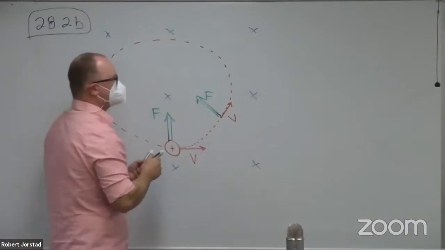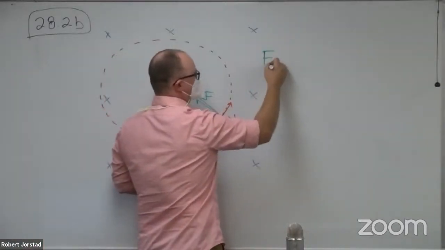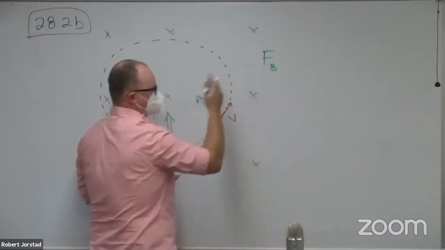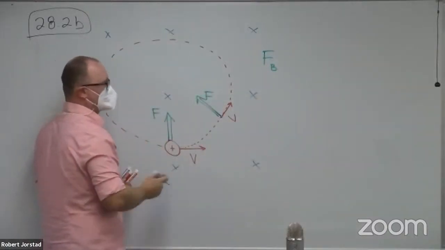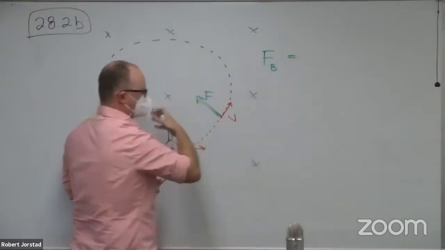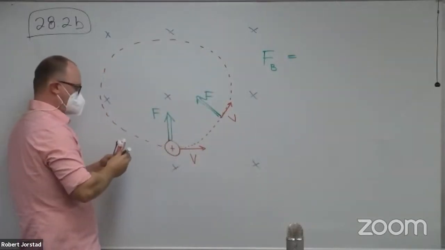It's almost as if you just told me the force due to magnetism, magnitude, not vector, should equal, if it's going in a circle, what does it equal?